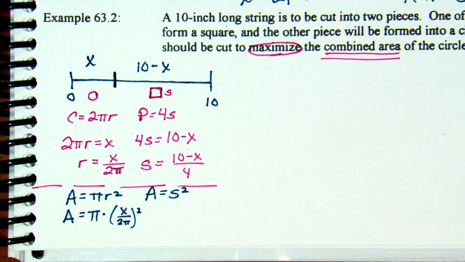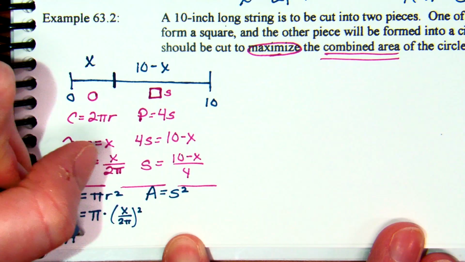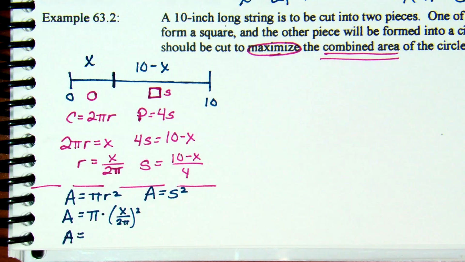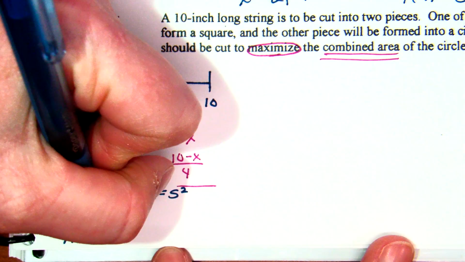And so we can cancel one of the pi's. And so you can think of that as x squared over 4 pi. Or what I'm actually going to write is I'm going to pull that constant out front and say it's 1 over 4 pi times x squared. And again, I'm trying to set us up a little bit for the next step of where I'm going. Because keep in mind, if we're trying to maximize, at some point we're going to have to take the derivative.